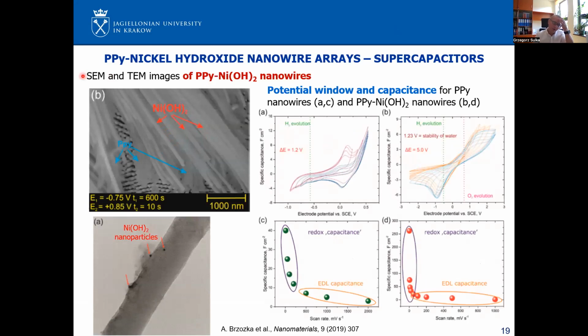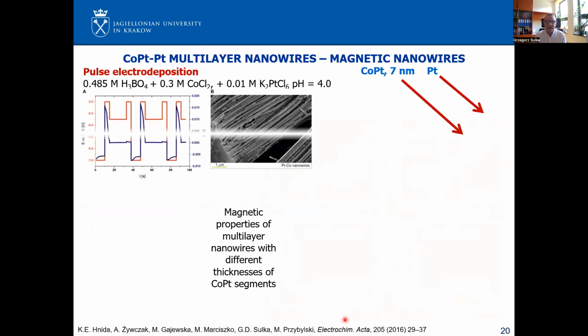Another example of composite nanowires made of nickel hydroxide nanoparticles dispersed into polypyrrole nanowires, and we used those composite nanowires as electrode materials for supercapacitors and studied the properties of such arrays.